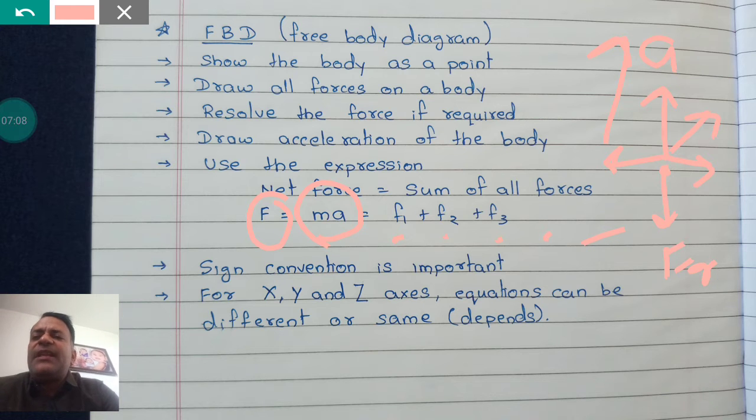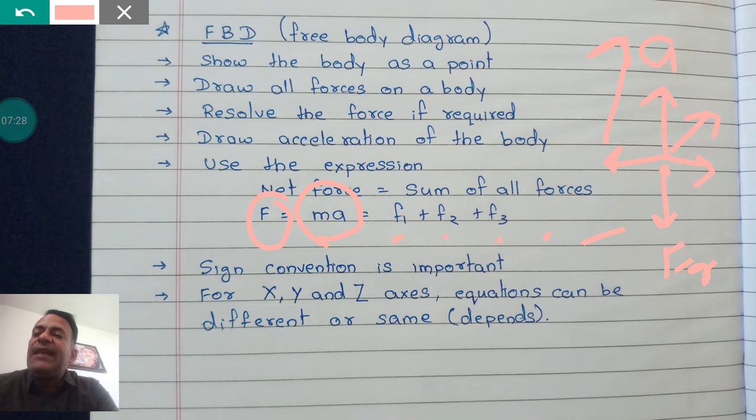Students sometimes get confused that F is equal to ma means every force is equal to ma. No, every force is not equal to ma. This F is equal to ma that Newton gave, the conclusion we have drawn, is not for every force. It is only written for the resulting force on the body.